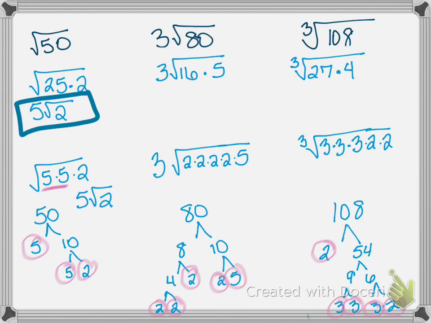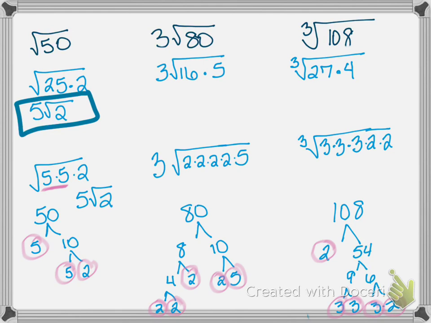Now, 3 times the square root of 80. Breaking 80 down to 16 times 5 is something that students miss sometimes. Okay? So it's okay if you didn't see that 16 times 5 was 80.